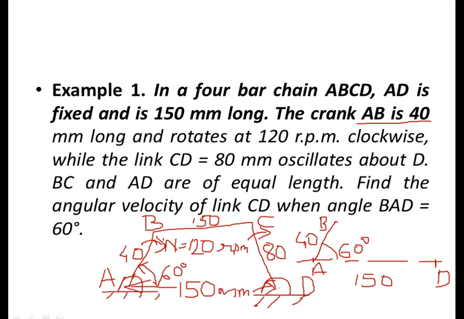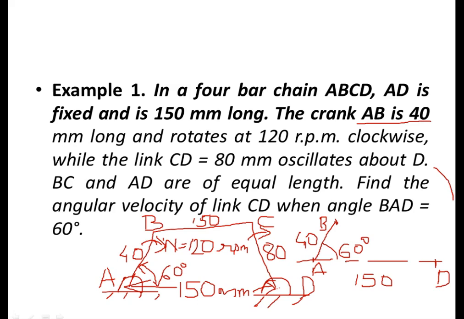Just see now. First we start with the lengths given. 40 mm is given. Next, BC is 150 and CD is 80. Now how do we construct these two lengths? You know the points. From B, you can cut an arc of 150 mm.